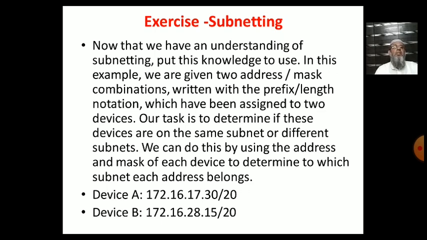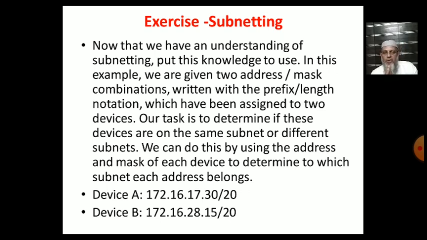There are 2 devices, device A and device B. Device A has IP address 172.16.17.30/20 and device B has 172.16.28.15/20.